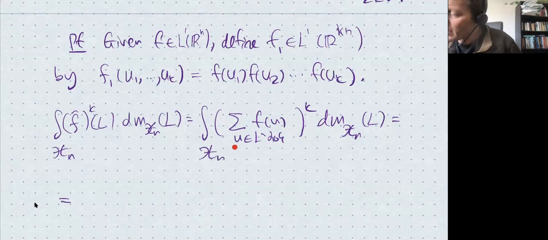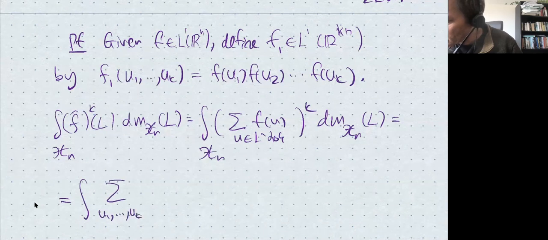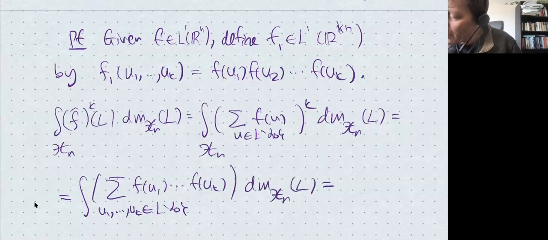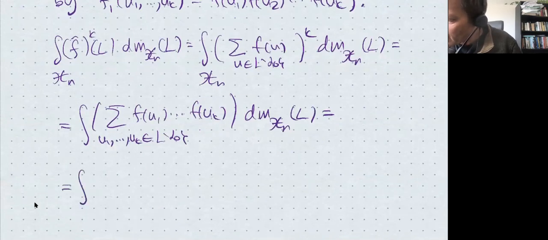Each element of this sum meets every other element of this sum, and so you get a repeated sum. Here you're just taking k-tuples of non-zero vectors and multiplying them. That's just what the kth power is. But this is nothing but the transform of f1.